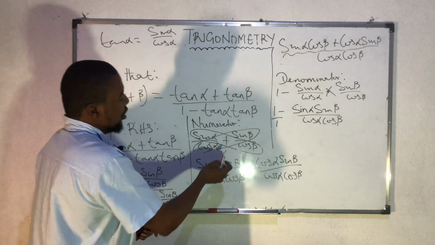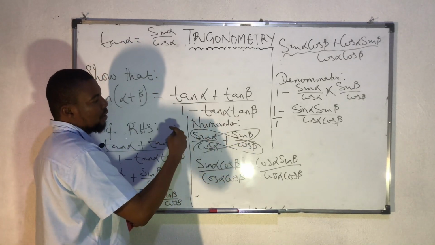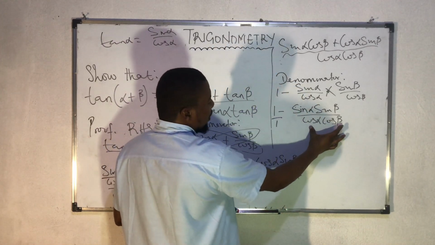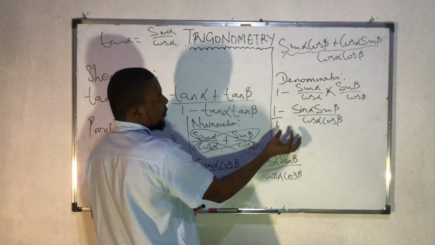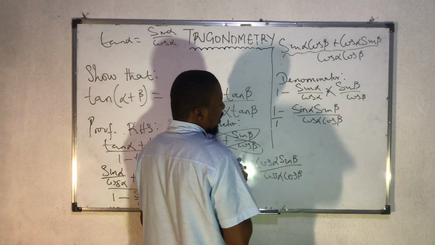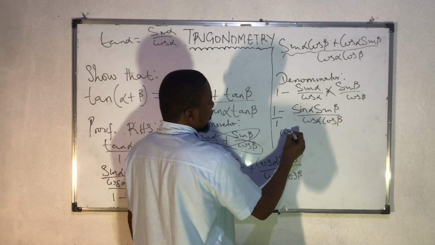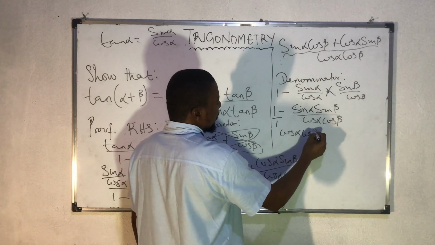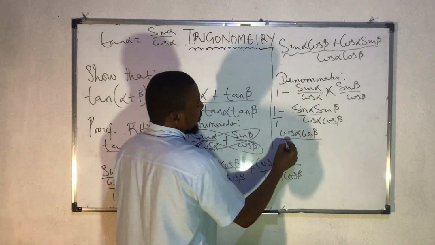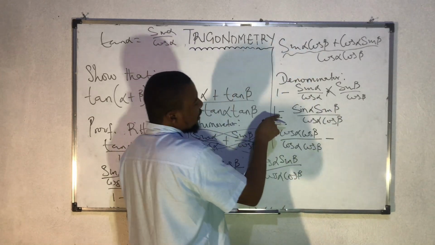Now, let's multiply diagonally. Remember what I told you initially. If you have something like this, you just multiply diagonally. In this case, we're going to multiply everything on the left by the denominator of the right, and everything on the right by the denominator of the left. Therefore, this is now going to be cos alpha cos beta times 1, which gives us cos alpha cos beta, over cos alpha cos beta times 1 again, which gives us cos alpha cos beta, minus, remember there is a negative sign here.